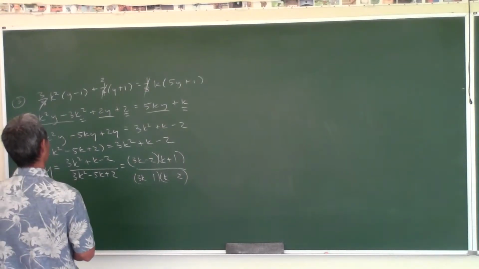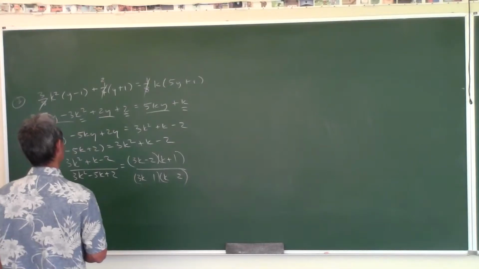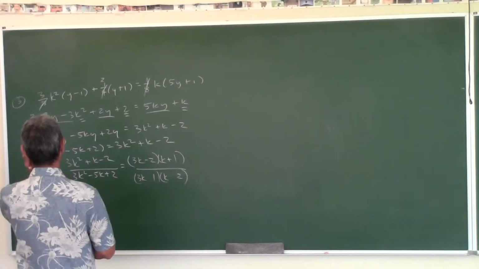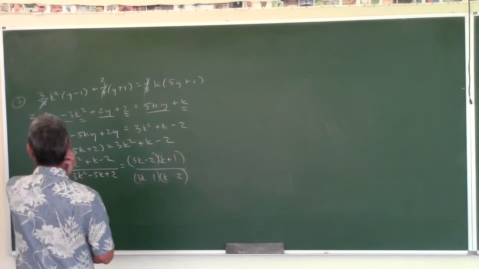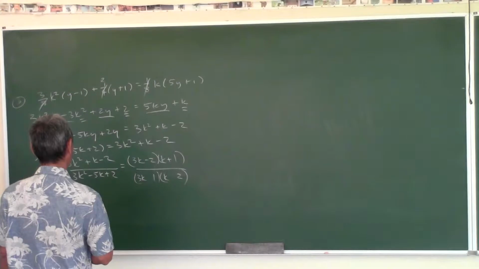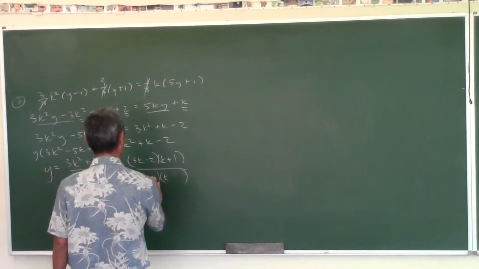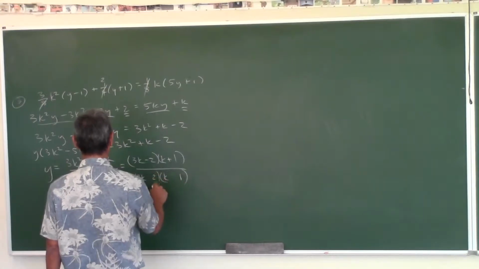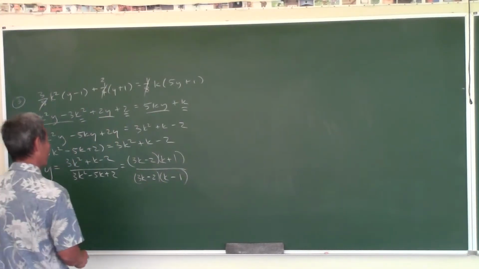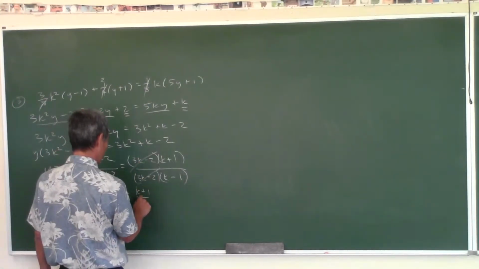Wait, let me concentrate. 3k squared plus k minus 2. I did that one correctly. 3k squared minus 5k plus 2. 3k and k, 1 and 2. Oh, I did it correctly. Anyway, these cancel out. So therefore your final answer is k plus 1 over k minus 1.